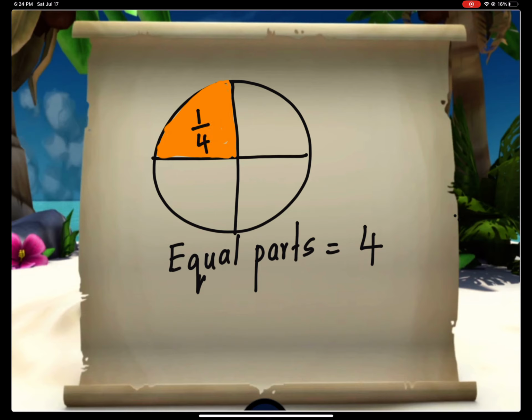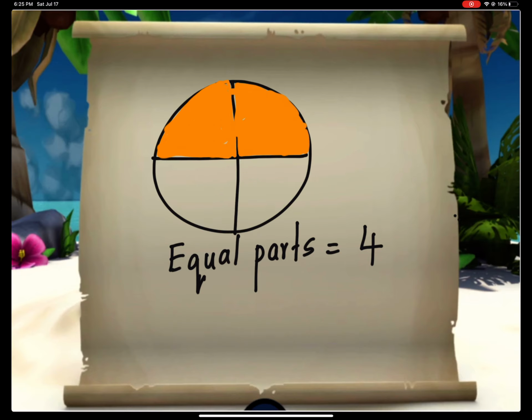That is 1/4. And this is also 1/4. That means quarter. And this is also 1/4. This part is also 1/4. And then this part is also another 1/4, a quarter of the whole.